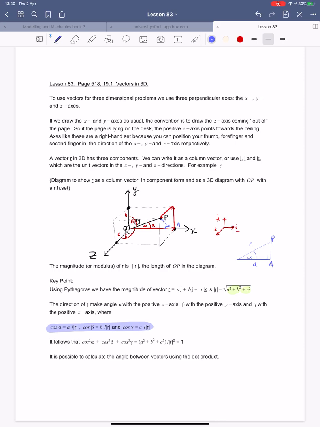Okay, the next one, R cos beta equals B. That one's a bit easier to see, I think. There's a right angle there.